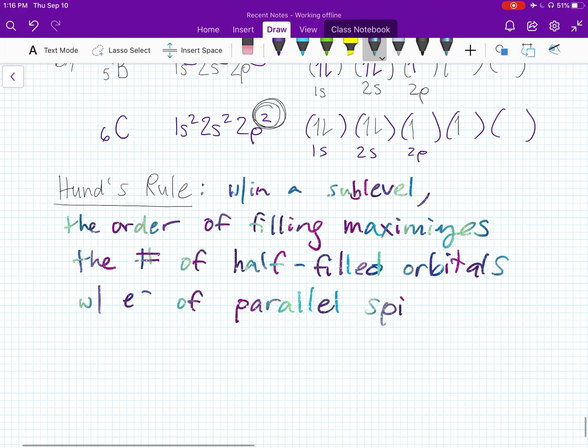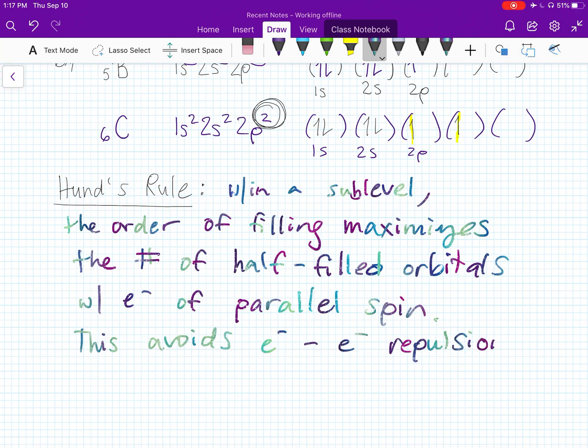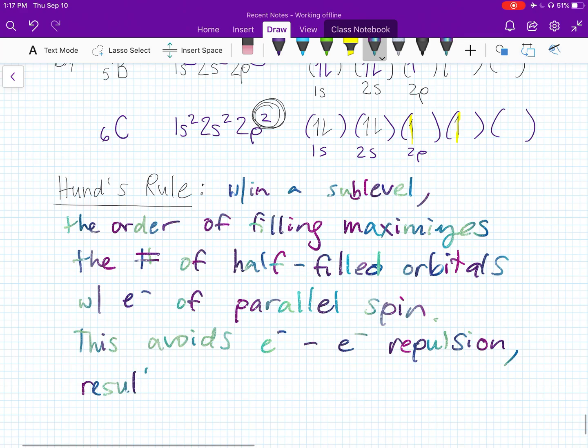So you see what I just did in that example a moment ago. Here, I'm half filling the orbital and those electrons have parallel spin with each other. And the whole reason for this is that this avoids electron-electron repulsion, resulting in greater stability.